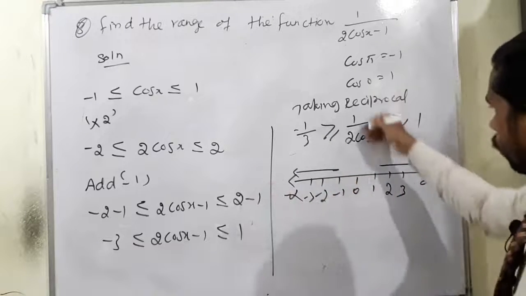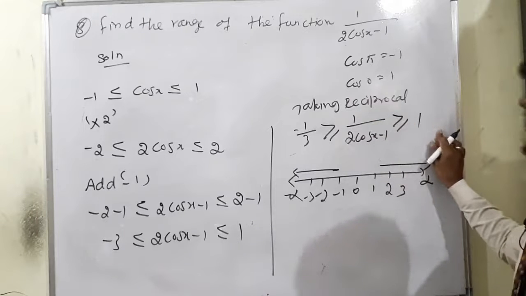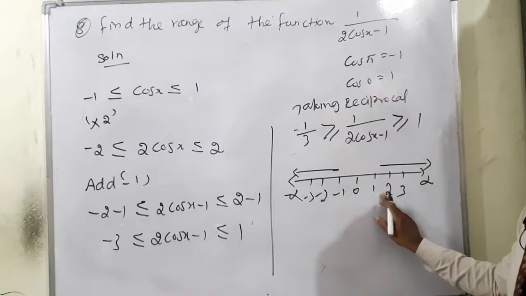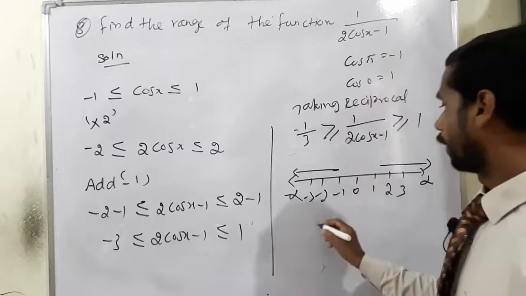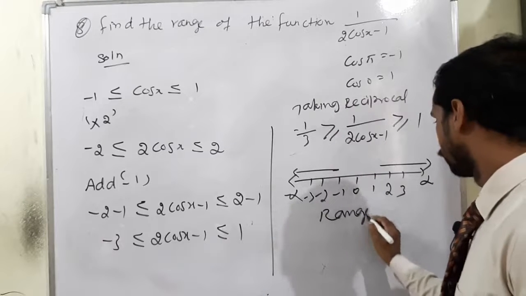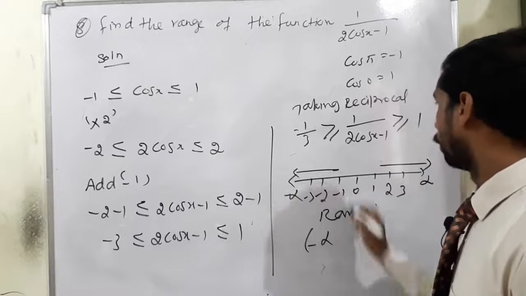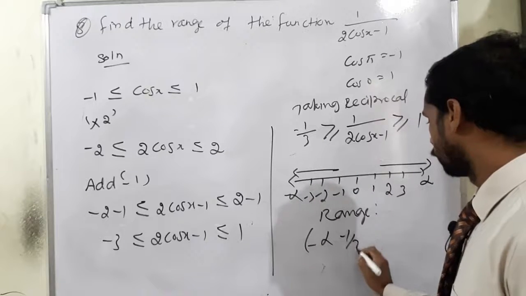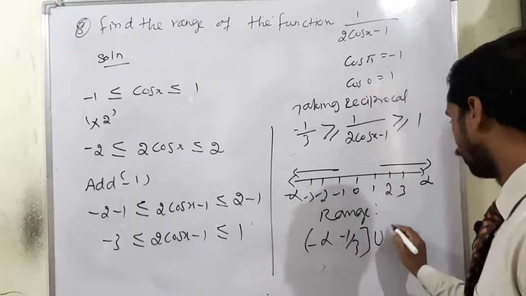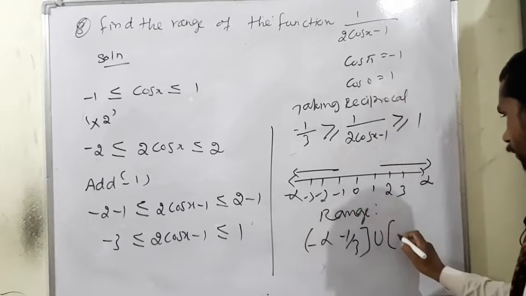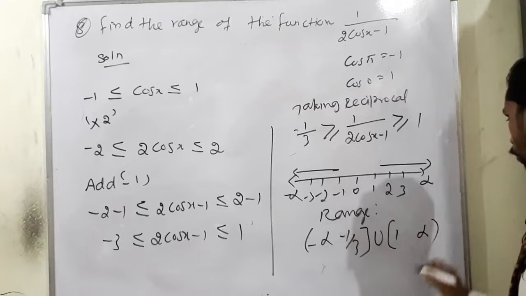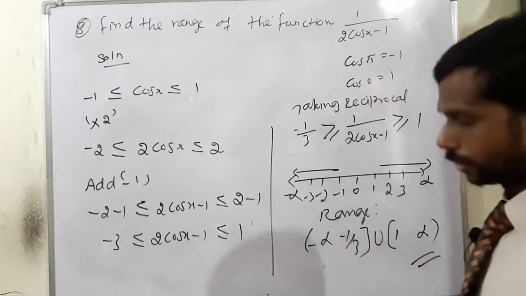At the same time, 1 by (2 cos x minus 1) is greater than positive 1. Therefore, the range: first one, minus infinity to minus 1 by 3, then union of, next continuation, 1 to infinity open bracket. This is the answer for question number 8, okay.